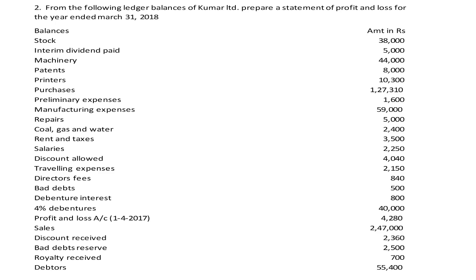Let us do another problem in the same way. From the following ledger balances of Kumar Limited, prepare a statement of profit and loss for the year ended 31st March 2018.